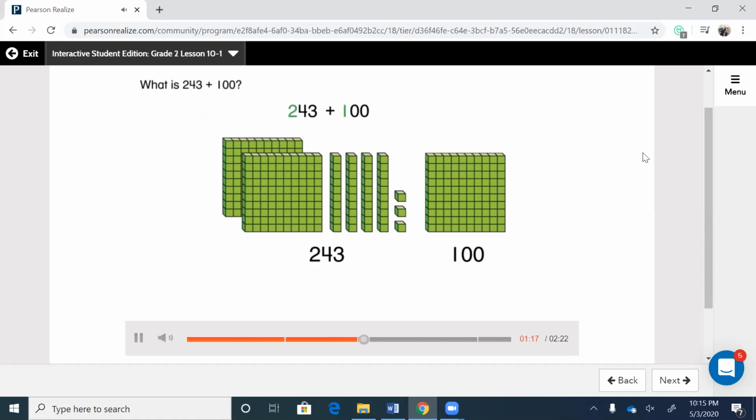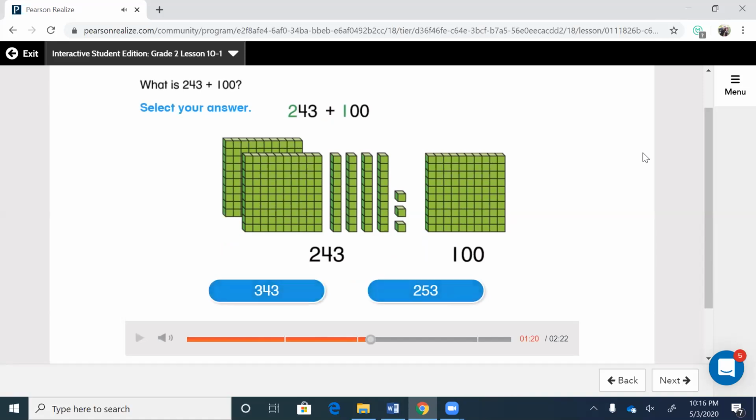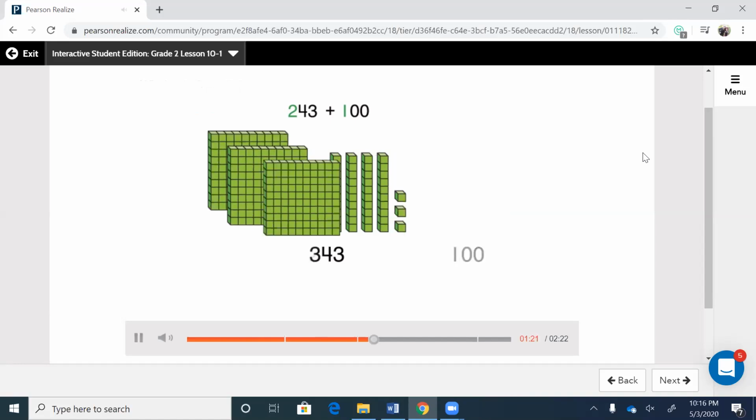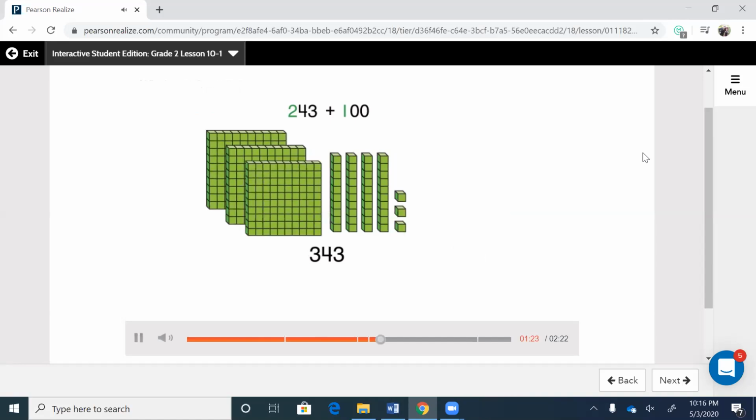What is 243 plus 100? Select your answer. 243 plus 100 equals 343.